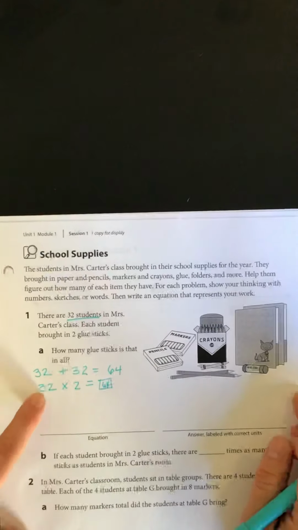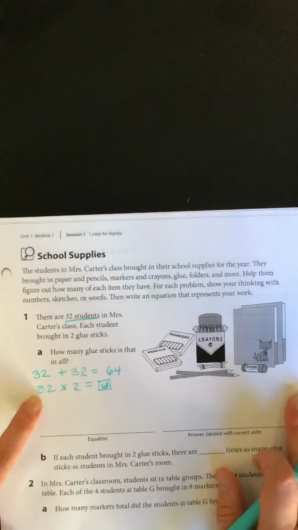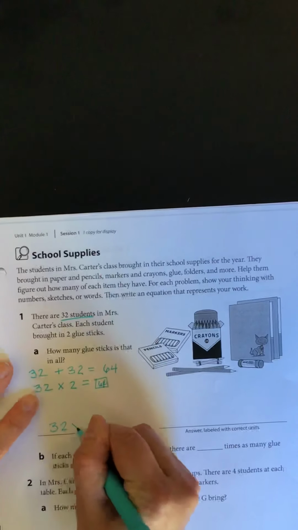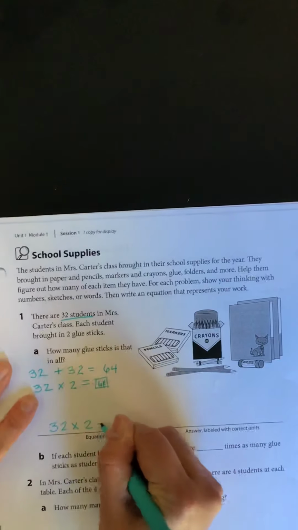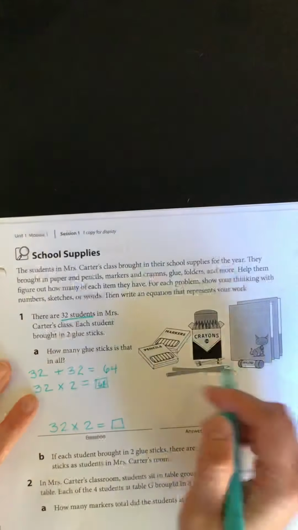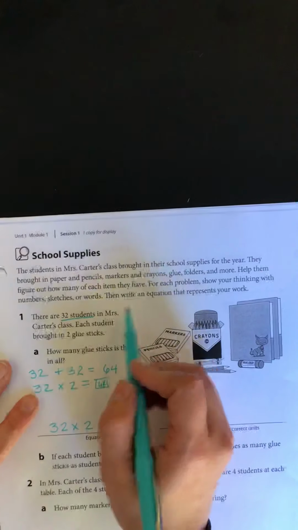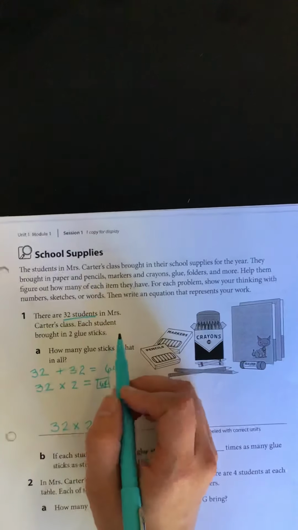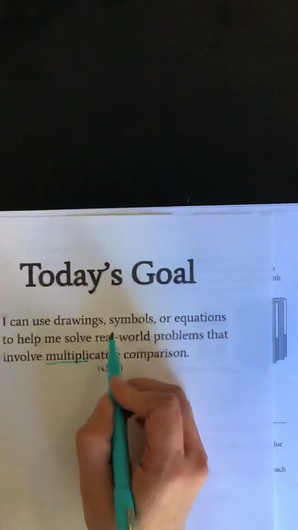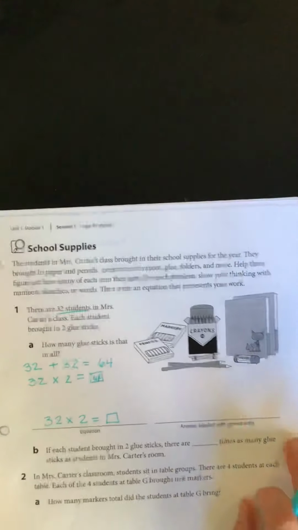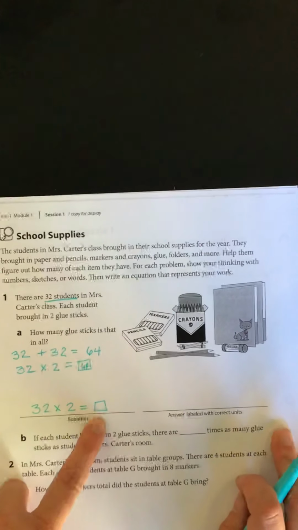So in terms of our equation for our multiplicative comparison, we would write this. So 32 times 2 equals something, okay? Because that's where we're getting into this thinking of using our symbols, okay? So going back to this, our symbols here is one way that we can do this, and we're using a box as our symbol.